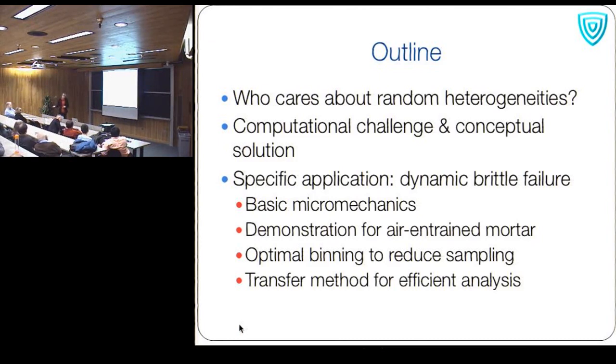And then show this model as being applied to a model material that we developed, an air-entrained mortar, that we did some dynamic tests and compared resulting strengths to our model predictions, and then finally some ways that we can make this process more efficient, and that's our path forward.